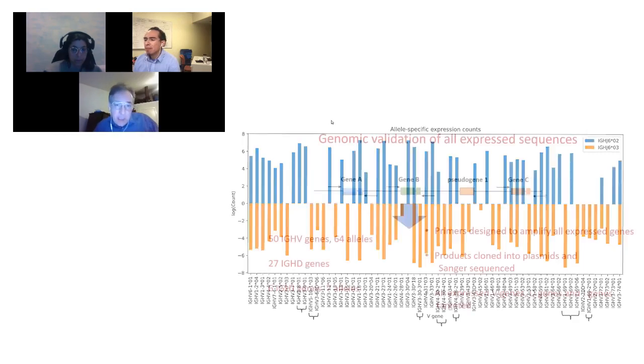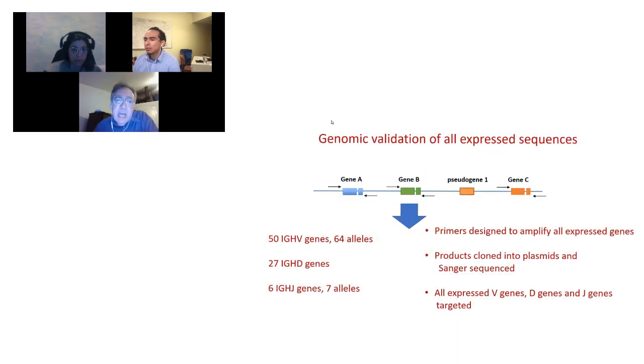So what we did was we amplified every single one of those genes. So 50 IGHV genes, 64 alleles to be identified, 27 IGHD genes, and 6 IGHJ genes, with 7 alleles in total. So we designed primers to amplify all the expressed sequences. These were all cloned into plasmids and subsequently Sanger sequenced.